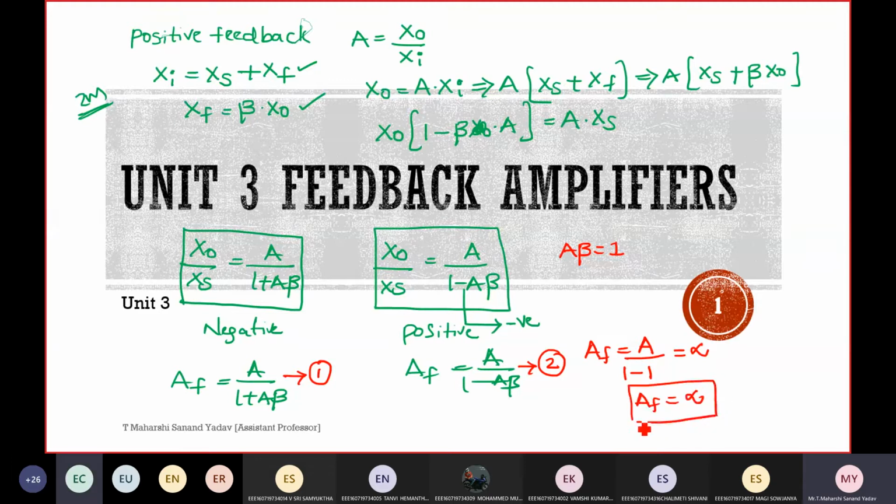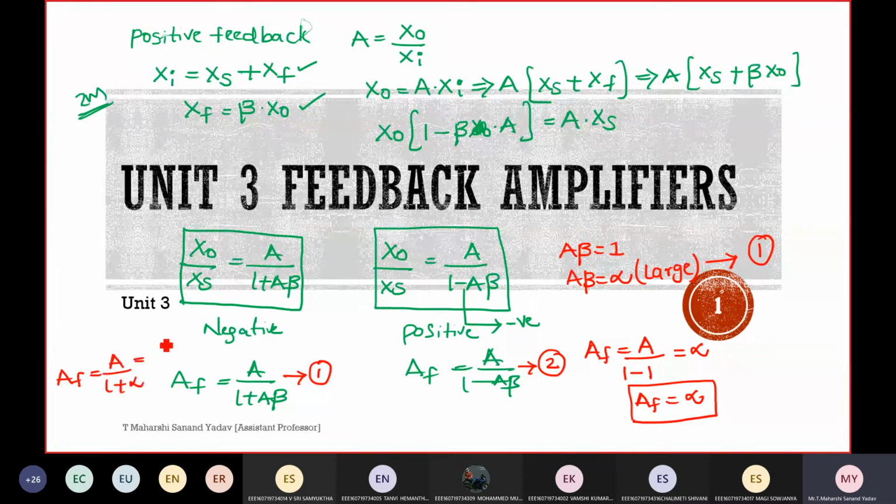What does this mean? I'm getting infinite gain. Suppose A beta has some infinitely large value and you substitute it in case number 1: AF is equal to A by 1 plus infinity, so this is 0.